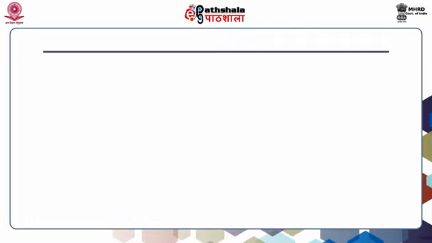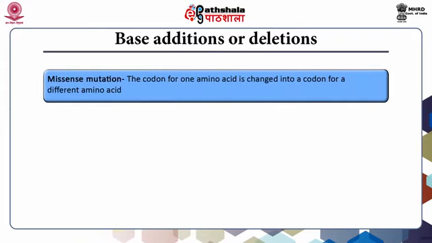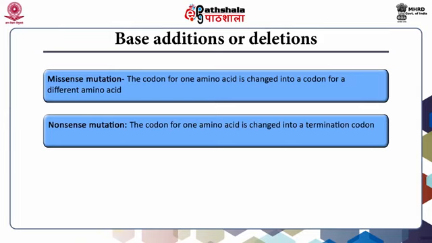The second class of gene mutations, besides base substitution, is base addition or deletion. One class among these is missense mutation. In this case, the codon for one amino acid is changed into a codon for a different amino acid. Nonsense mutations are those where the codon for one amino acid is changed into a termination codon, so the protein synthesis will be terminated.